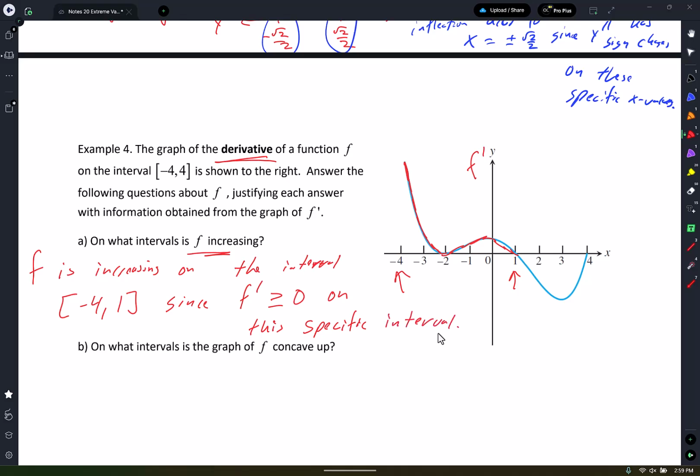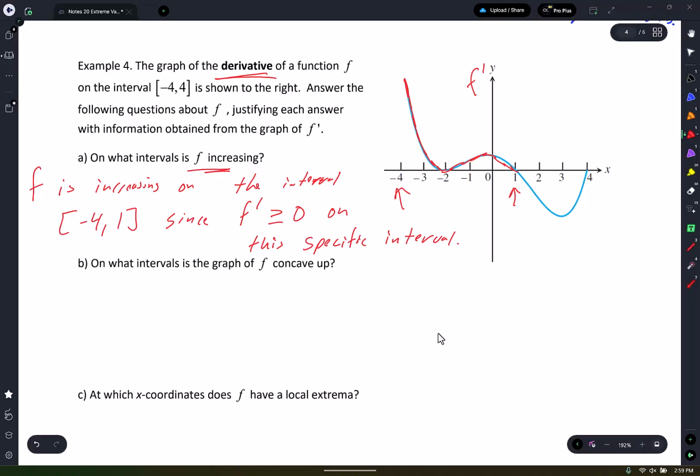If I had just said f prime greater than 0, I would have to cut it into two pieces. I didn't want that. It's always greater than or equal to 0 on this specific interval, so that's why f is increasing. Does that make sense?